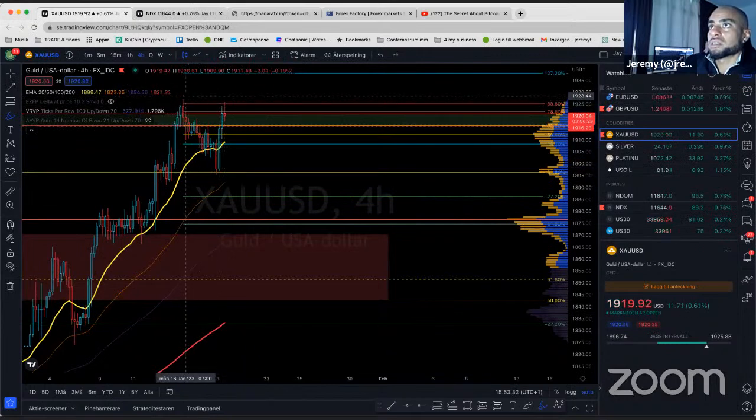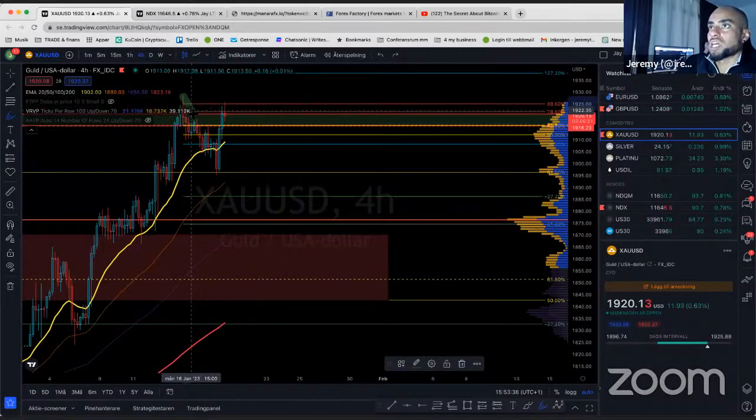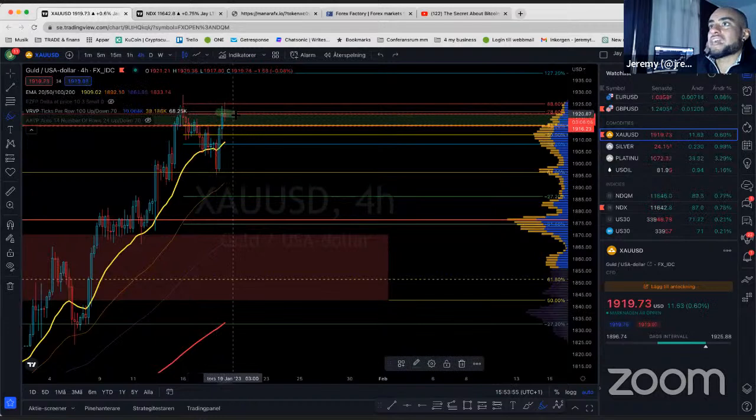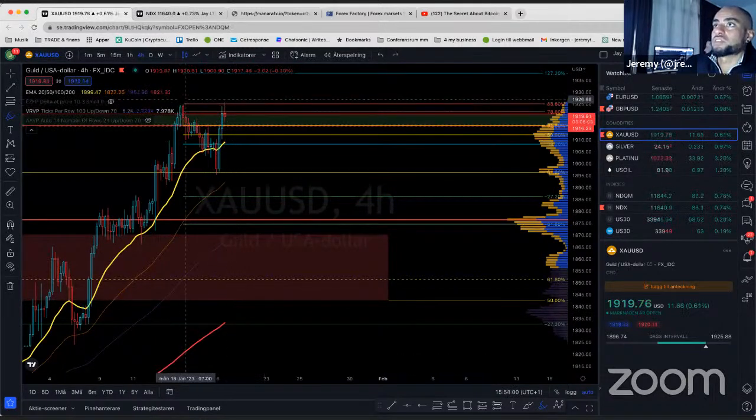So the market went up here to almost 1930 US dollars, retraced to about 1896, and shot up again, right? But now we're facing resistance at the 78 until the 88.6 retracement level of the swing.